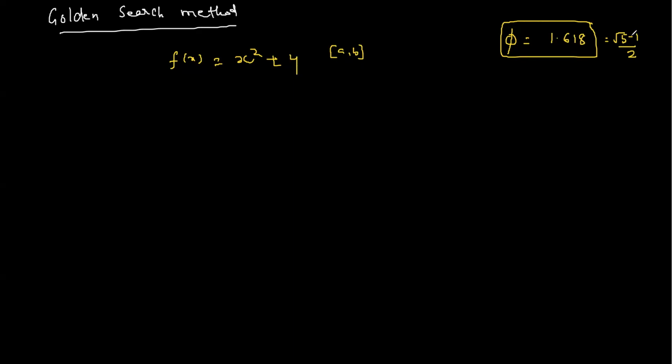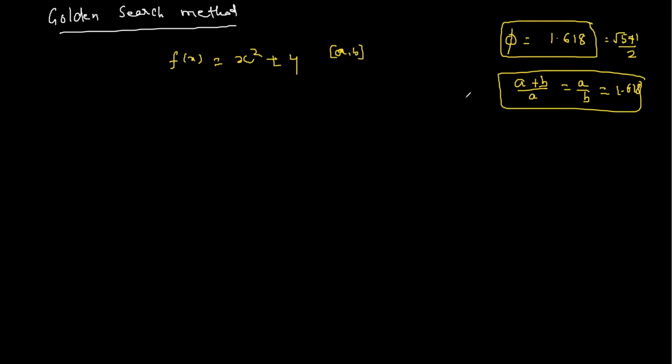Root 5 plus 1. When you do minus, you will get 0.618. Okay. This is called golden ratio. Golden ratio is represented by phi and its value is 1.618. Understood? And this is nothing but a plus b divided by a is equal to a upon b. Its value is always 1.61.